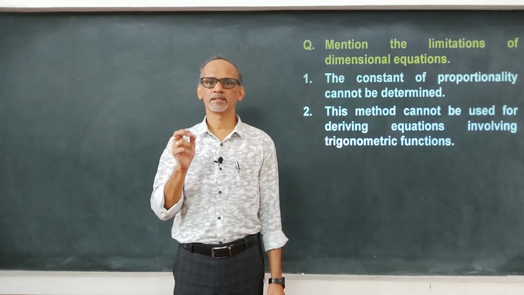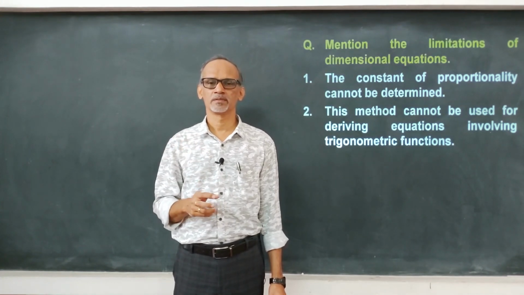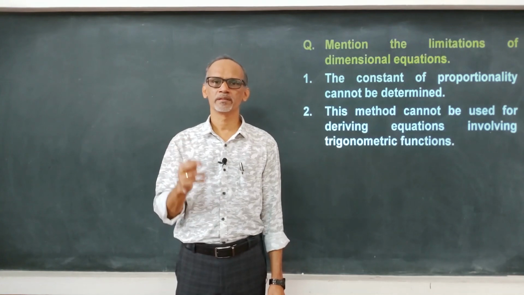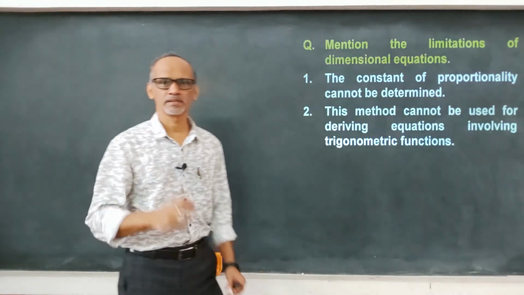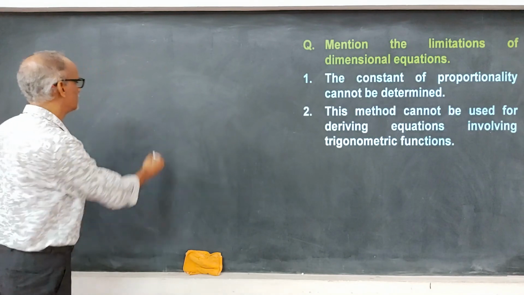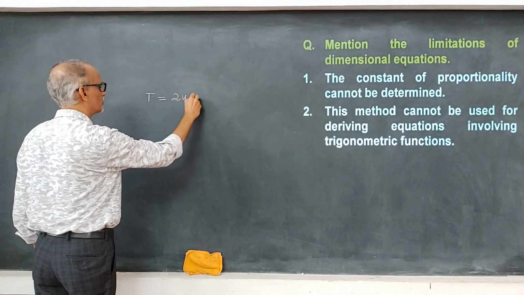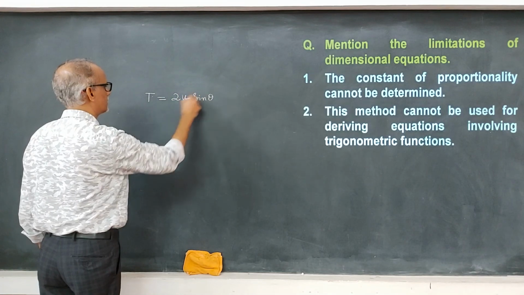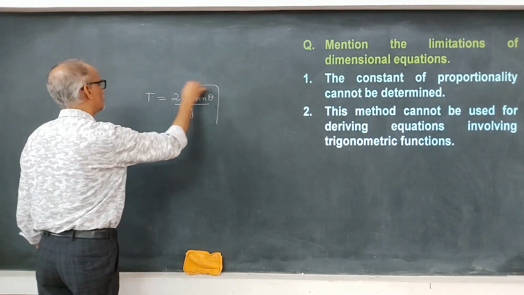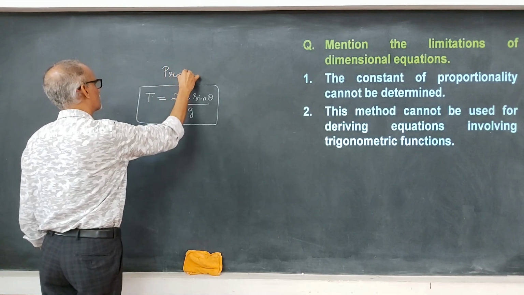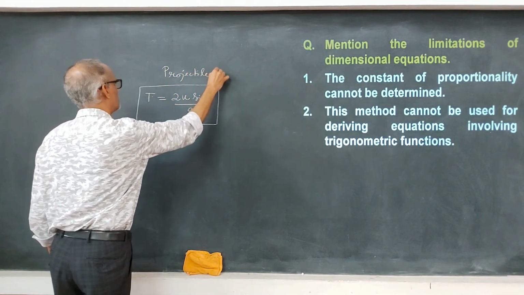Suppose there is an equation which contains a trigonometric function, then we cannot derive such an equation. I will give an example. Later we are going to derive an equation, T is equal to 2u sin theta by G. This we are going to derive later in a topic called projectile motion.